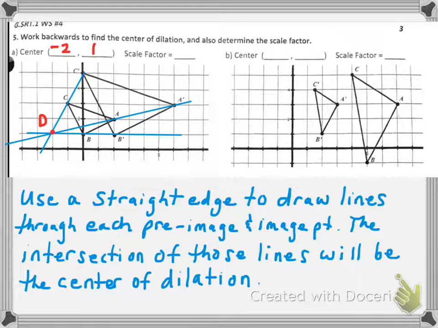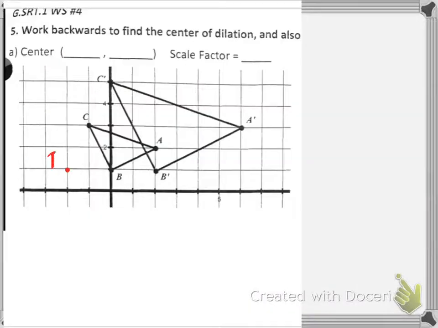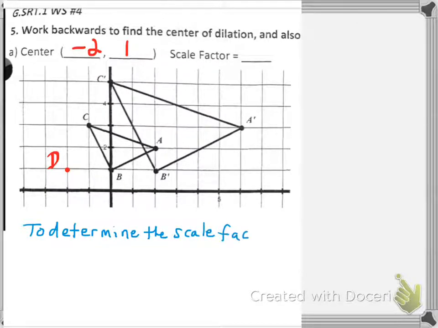So now, to find the scale factor, what we need to do, and I'm just showing you this again with the other picture taken off to clear this up and give us some space. In order to determine the scale factor, remember from those notes, that pink packet of notes I gave you on Standard 1 for similarity, right triangles, and trigonometry, somewhere in there we were talking about finding the scale factor, and it's going to be a ratio.